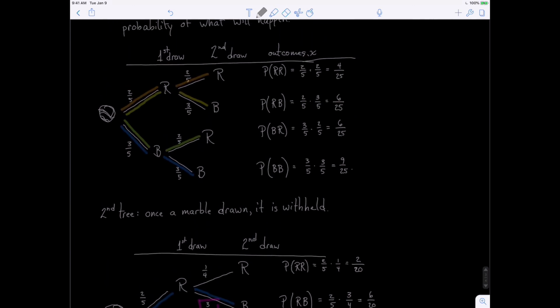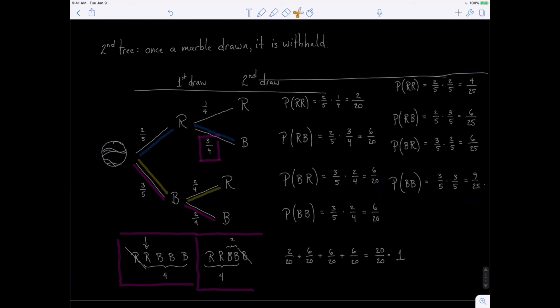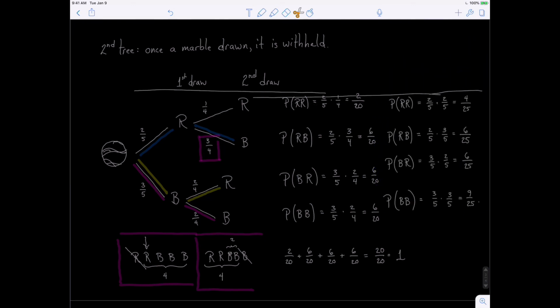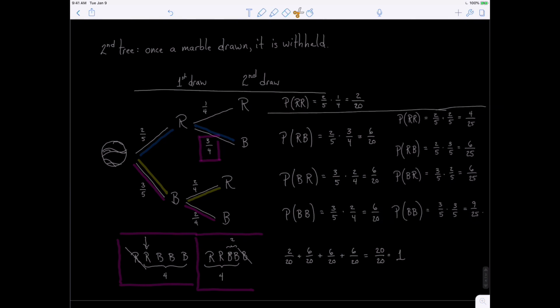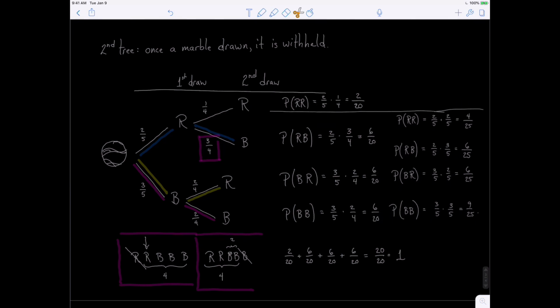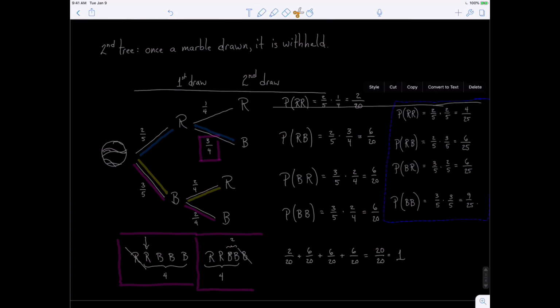Let's come up here, and I'm going to just cut these outcomes. And so let's do that. We're going to copy those, and let's bring them down here. And I'm going to put them about like that. Because here's what I want you to see.